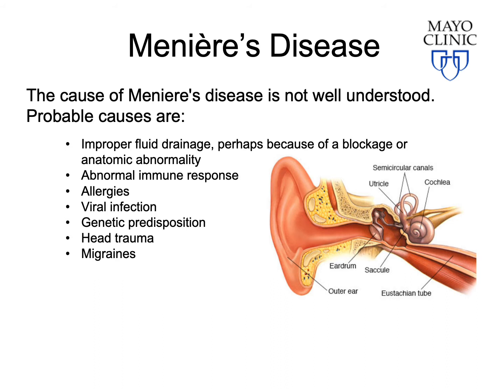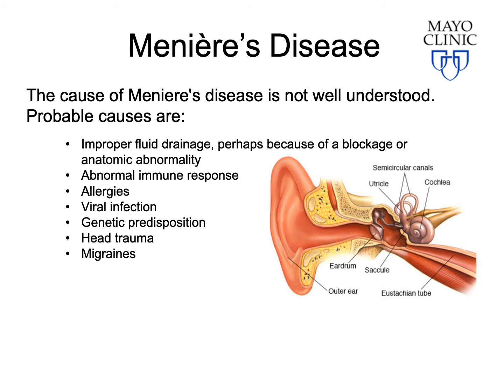It could also be a result of an anatomic abnormality, which is just congenital. There could be some abnormal immune responses that are occurring. This could be, for example, allergies. Viral infections have often been reported in individuals who experience Meniere's disease. There could be a genetic predisposition for some families.